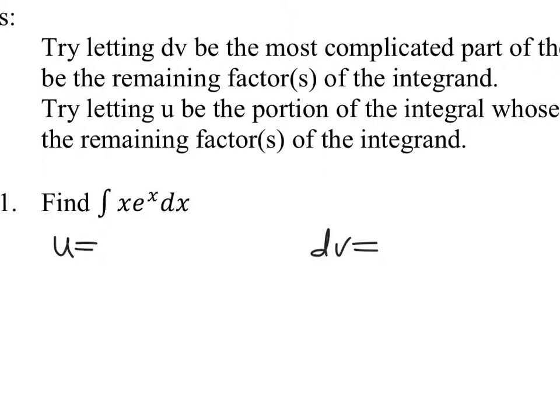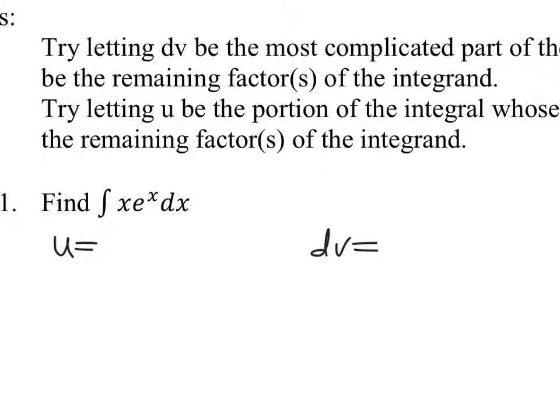All right. An extra added component to that is when I take the derivative of whatever I'm calling u, I want it to lead to a simpler function. All right. So let me, don't write this down, but let me give you the wrong u. If I take the derivative of this, will it make it simpler?